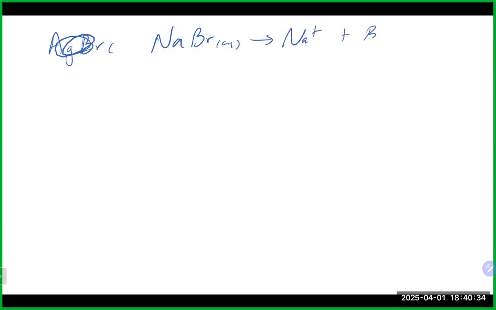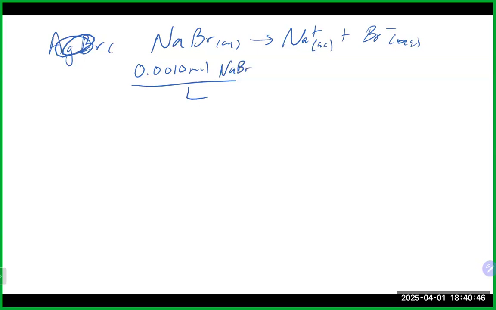So if we had something like our silver bromide, like we were looking at there, and our sodium bromide, and when it breaks apart into Na plus and Br minus, and if we have the concentration like we did there, I think it was 0.001, that is moles per liter of sodium bromide.